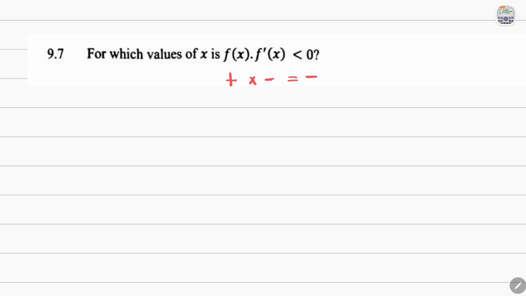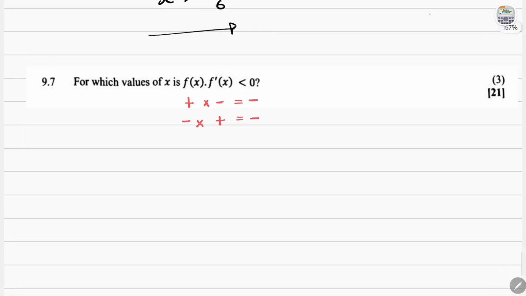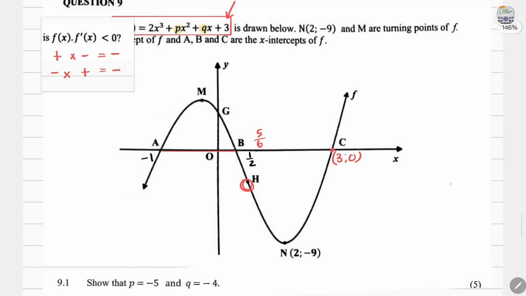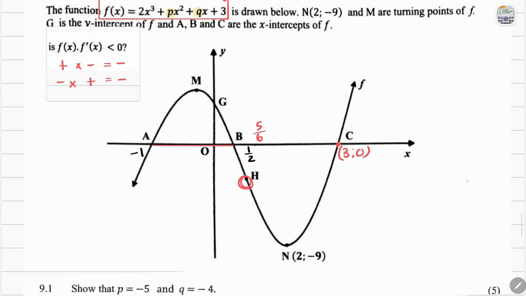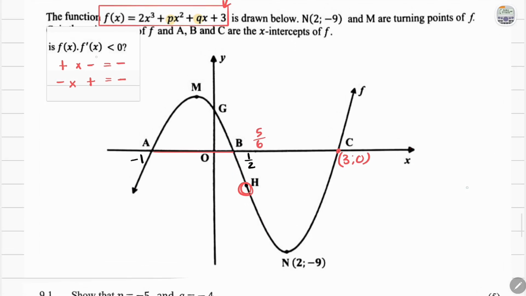We could also look for places where f of x is negative, multiplied by positive values of f prime of x, and then we would also get a negative value. So we're going to look for these on our graphs. Okay, so here is our graph, and we are looking for this. Remember, f prime of x being positive, or let's start with negative.